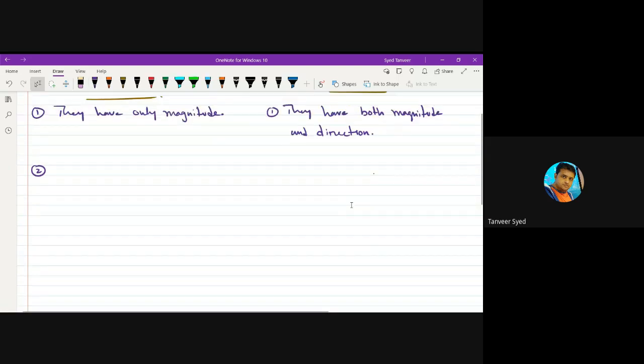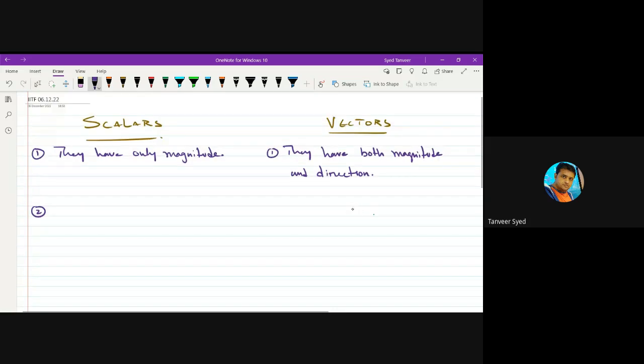Another difference between scalars and vectors is that scalars obey the rules of ordinary algebra. What does this mean?